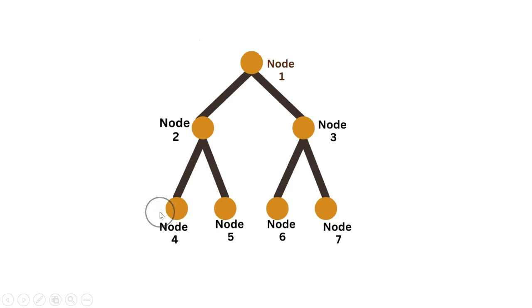Here you can see when lower nodes get damaged, it doesn't affect the remaining network. Let's say node 4 gets damaged, then damaging of node 4 doesn't affect the rest of the network. That's why this topology is robust.